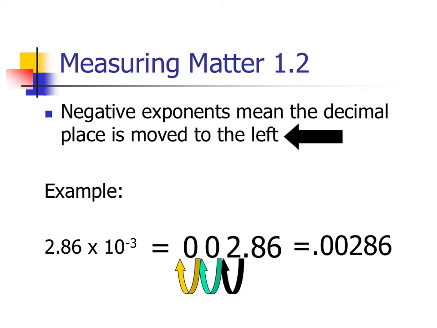Negative exponents means the number gets smaller. And again, we tend to fill the loops or the baskets with zeros. Now, many of us would probably not want to have 286.